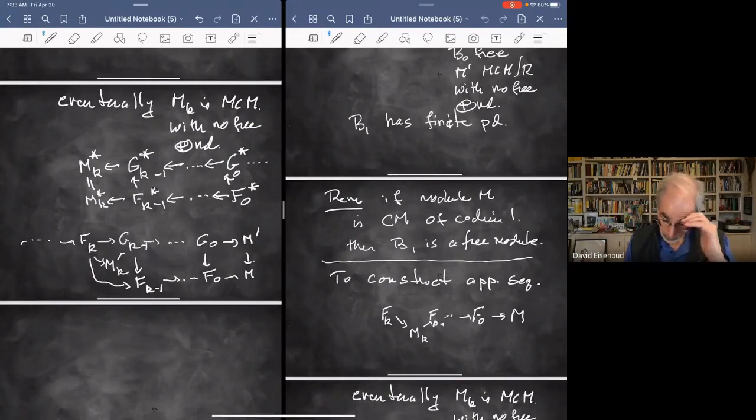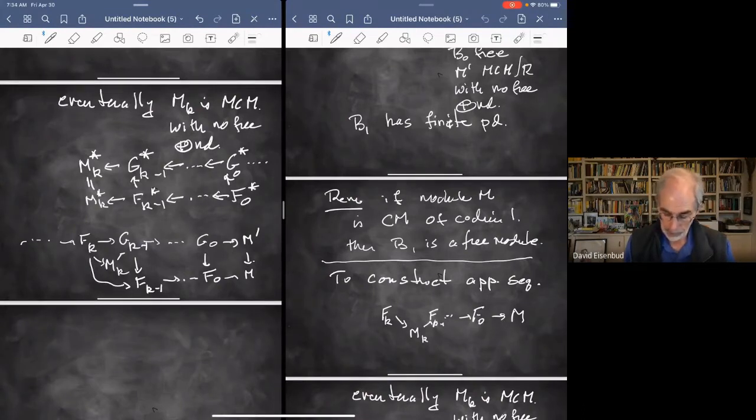Now, I didn't explain why the G dual was acyclic, but in fact, this upper complex, this thing with F's and then G's, is a resolution. And that's because MK star is, again, maximal Cohen-Macaulay. So the dual of a resolution of MK star is going to be exact.